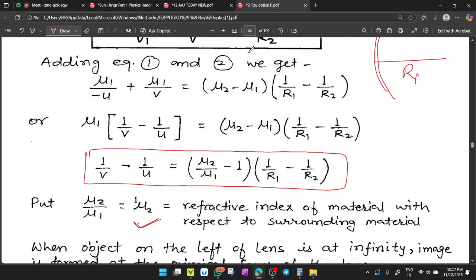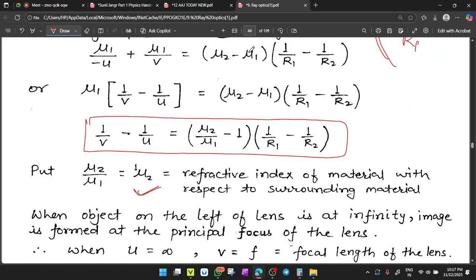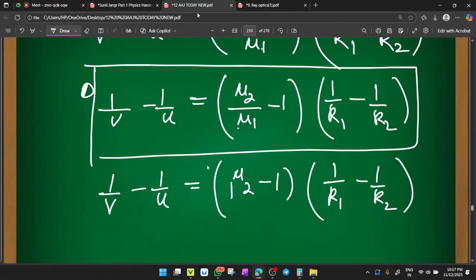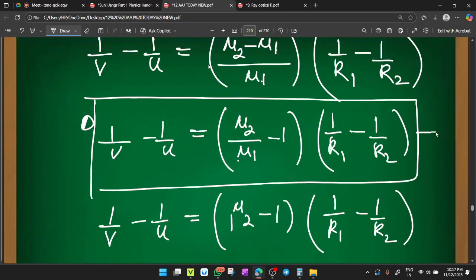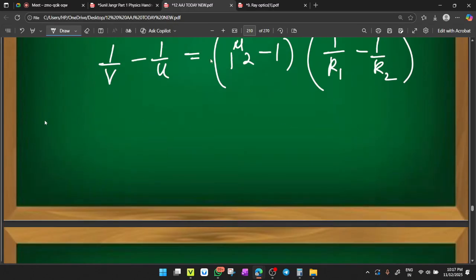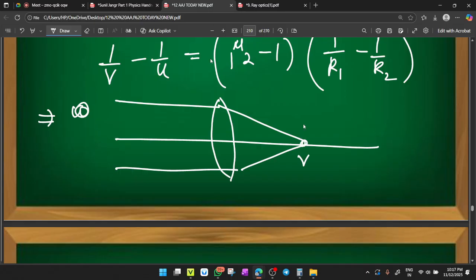When your object is at infinity in a lens, give it equation number 1 and make a special note here. For a lens, when your object is at infinity, you know your final image is at the focus point.